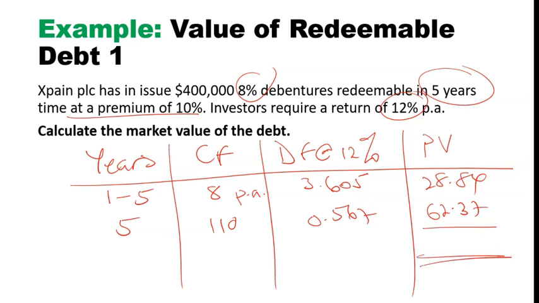If we add up, we do not get the net present value this time, but the market value. So this is our market value, and if we add up, we are going to get 91.21. This is the Xpen market value of the debt.